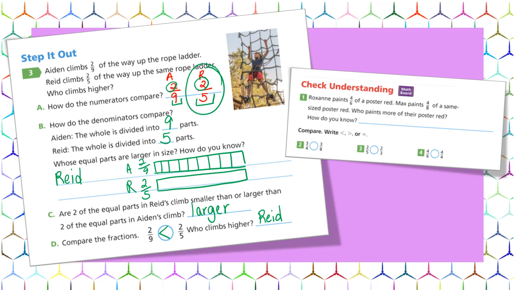Okay, and for Reed, I'm breaking it up into 5 equal parts. Okay, and if I go ahead and shade in 2/9, those parts are smaller. And now I'm going to shade in 2/5. Those parts are a lot larger. So I know that Reed climbs higher.